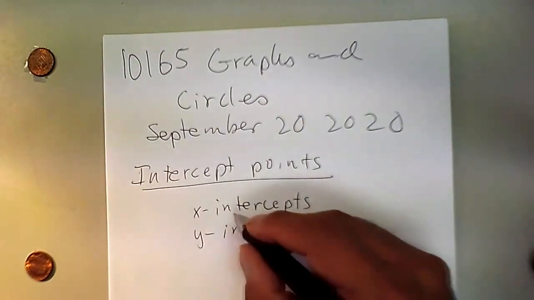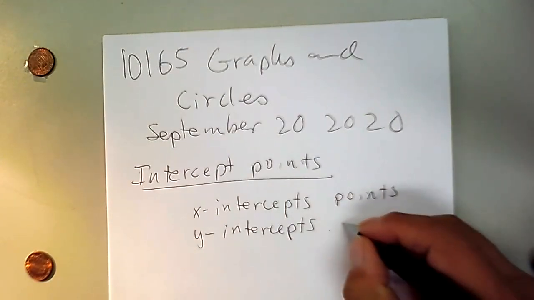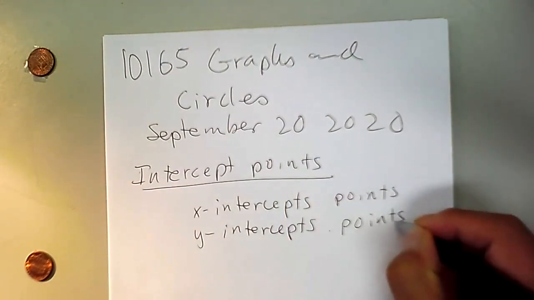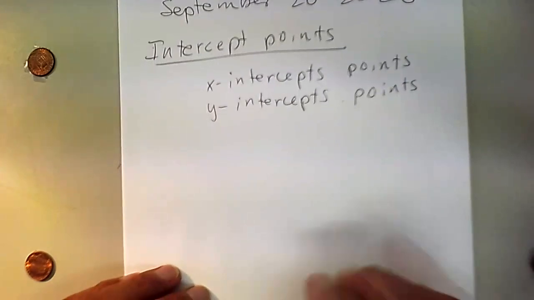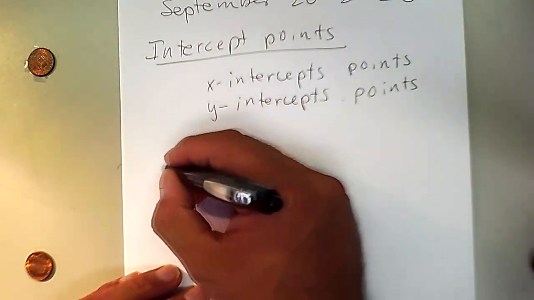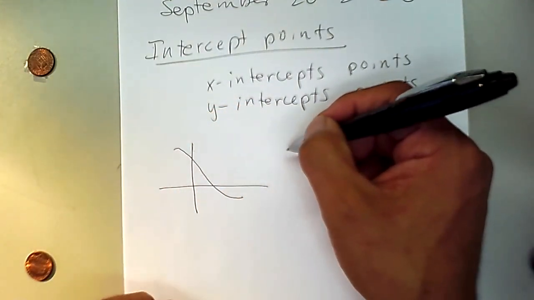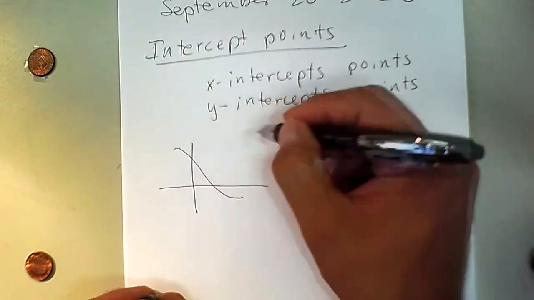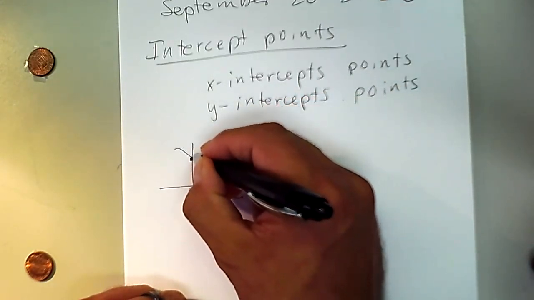And by the way, we're talking about x-intercept points and y-intercept points, which means they have two coordinates, x and y coordinate. So when we have a graph of anything, how can we detect we have an x or a y intercept?